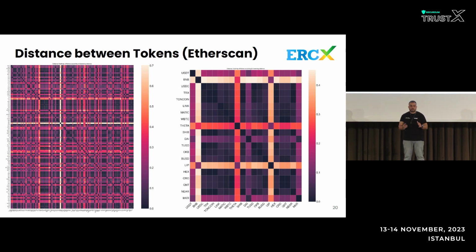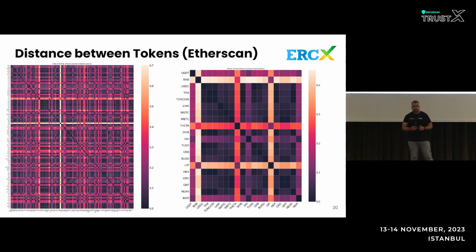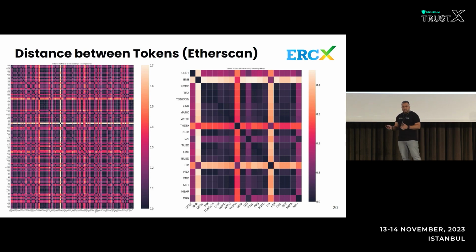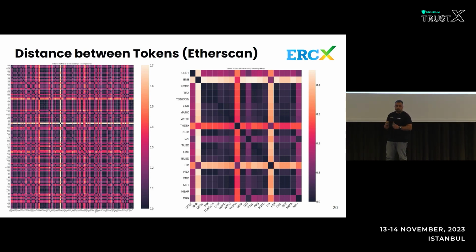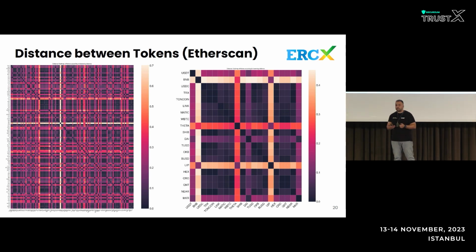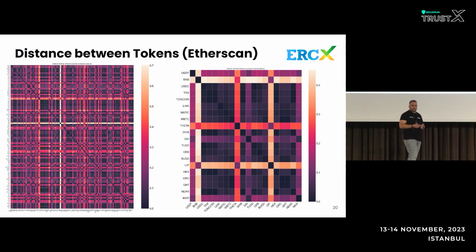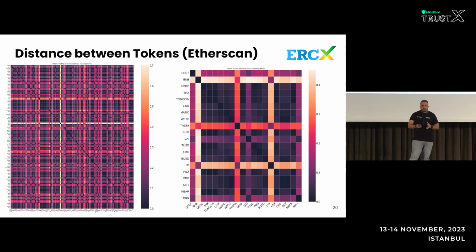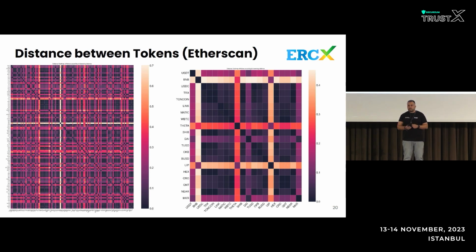This gives you the bird's-eye view, showing clusters, and you can identify some tokens that stand out. Zooming in on the right, you can see a more focused view and start making observations. For instance, here you can see that UIP and BAB are behaving the same, while they are very different from each other. This way you can start clustering tokens and grouping them according to their behavior.